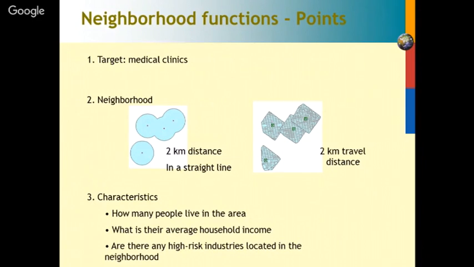To compute that, the neighborhood functions can be computed in two different ways. One way is buffer analysis specifically: just create a radius of 2 kilometers around all the points, and the corresponding area will give you the actual neighborhood functions or the service areas.